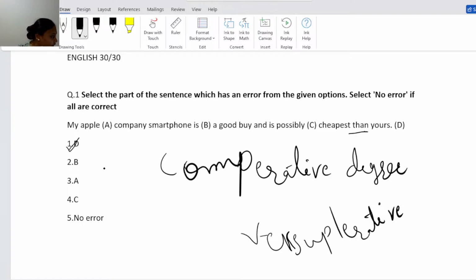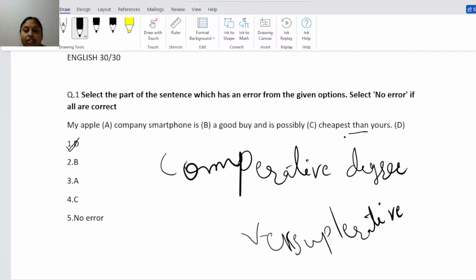Should I repeat once again? My Apple company smartphone is a good buy and is possibly cheapest than yours. Here cheapest is given, and we are doing a comparative study, so the comparative degree will be considered, and along with that than is given. It is taken into consideration whenever we are comparing.